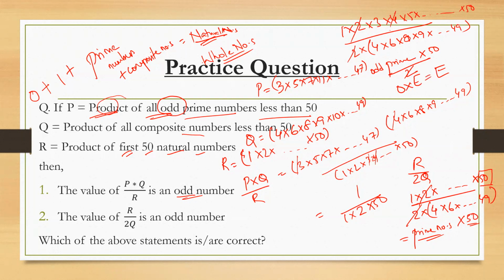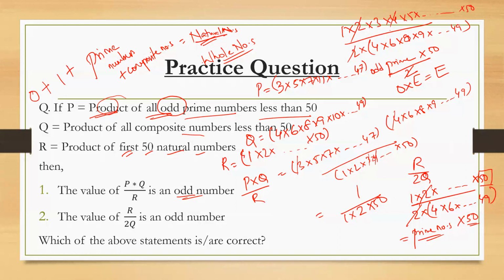Fine. So this is the way that you have to focus on this question, or to solve such a question. Whenever such products are given, please do not think it will be a large value and eliminate the question. The concept lies in this premise itself. That is, the elements of 1 plus all the elements of prime numbers plus all the elements of composite numbers will give you what?